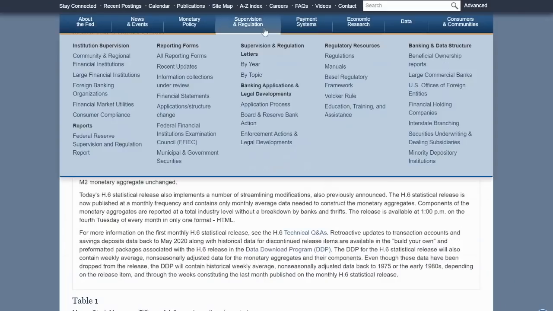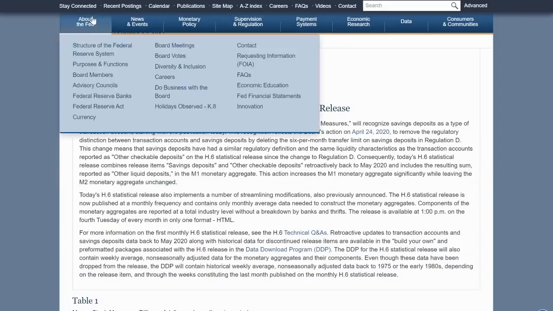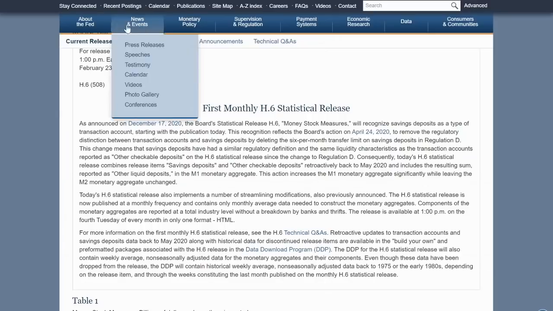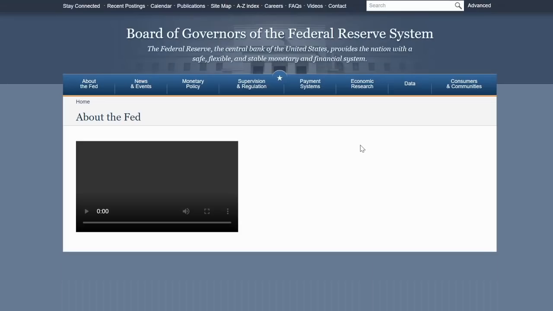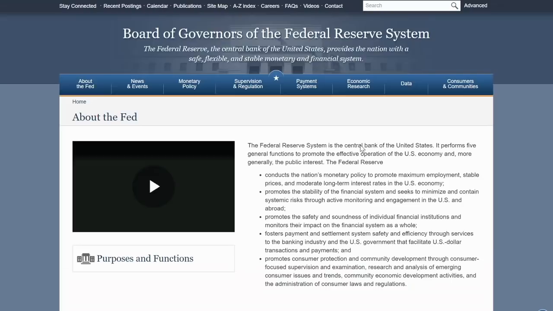They also have a .gov, federalreserve.gov. So it's a private institution, but they have a .gov extension. It makes you wonder. The Federal Reserve Chair is appointed by the president. The government agency is a private institution, which means they have a lot of leeway.